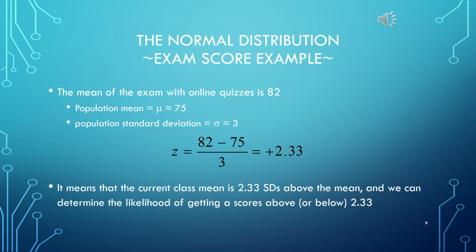If we know the population mean and population standard deviation, we can transform that raw score of 82, the sample mean final grade, into a z-score, which tells us how many standard deviations above the mean that is. And if you do the math, it is 2.33 standard deviations above the mean.